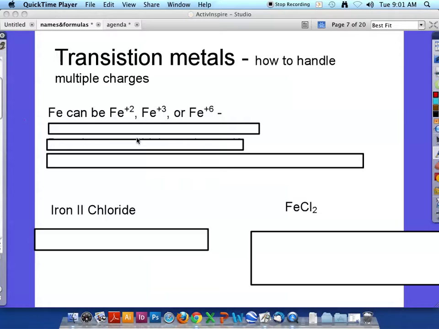Okay, transition metals are the elements in the middle of your periodic table. If you look at your periodic table, there is on the key a section that tells you oxidation states. Look at where it says oxidation states.